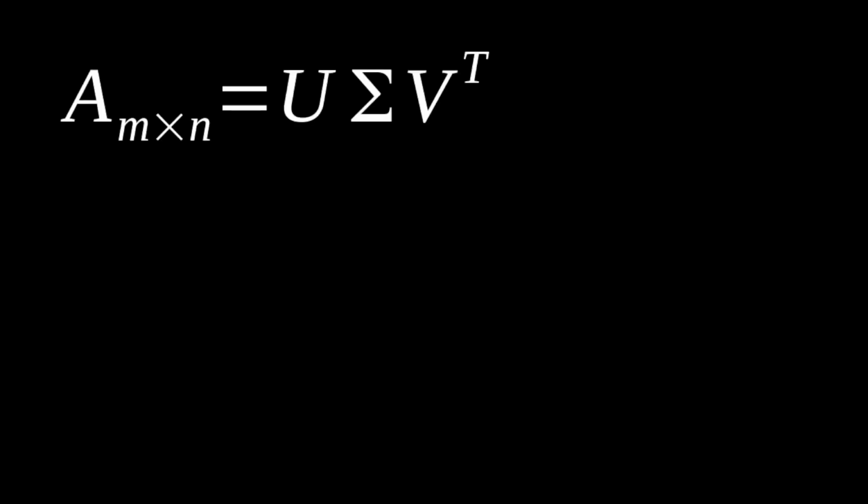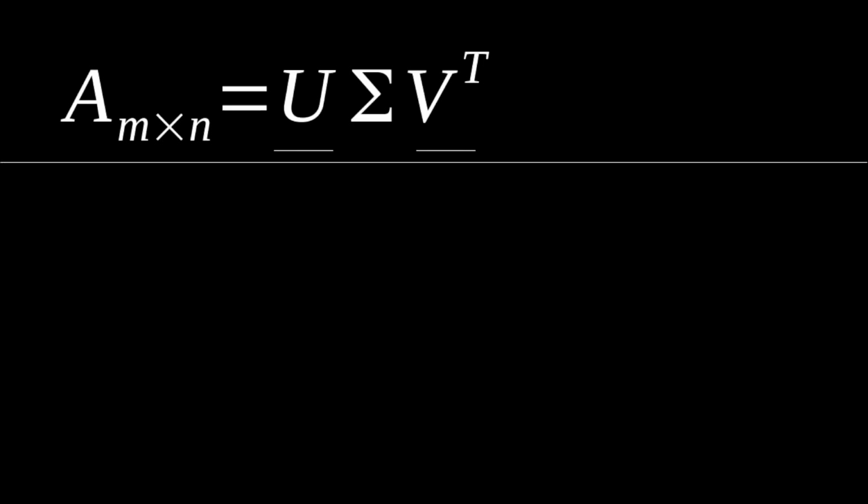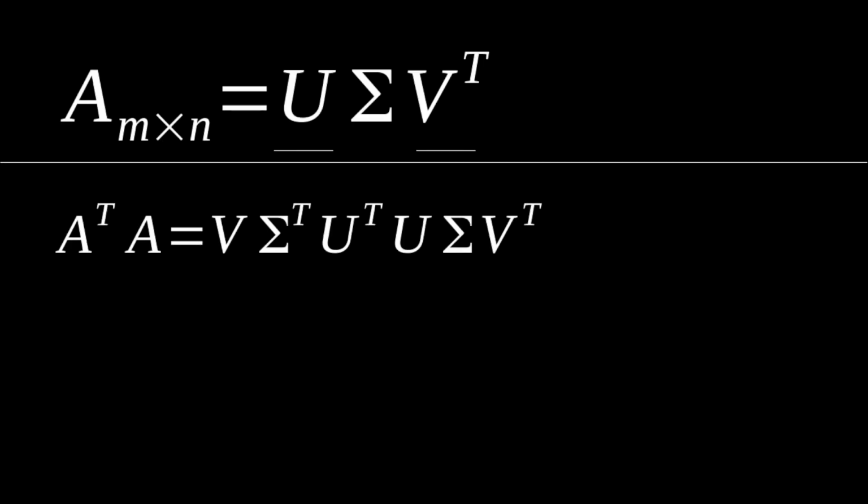Now, if we come back to our A matrix right here that is non-square, where we can compute a singular value decomposition for this matrix, to get an understanding of our U and V transpose matrices and how we might get them, we're going to take a look at what happens when we compute A transpose A, for example. When we compute A transpose A, we will get V sigma transpose U transpose by U sigma V transpose.